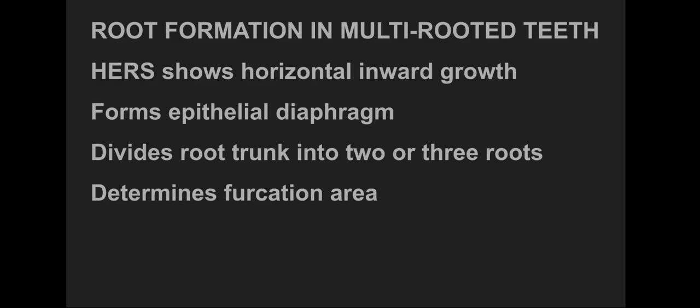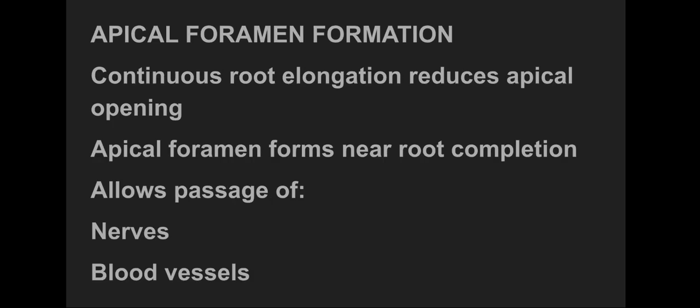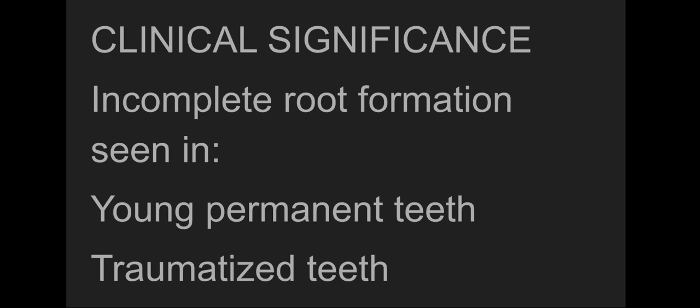Root formation in multi-rooted teeth. Hertwig epithelial root sheath shows horizontal inward growth, forming the epithelial diaphragm, which divides the root trunk into 2 or 3 roots and determines their functional area. Apical foramen: continuous root elongation reduces the apical opening. The apical foramen forms near root completion, allowing passage for nerves and blood vessels.